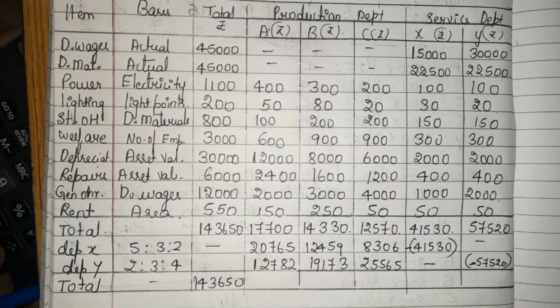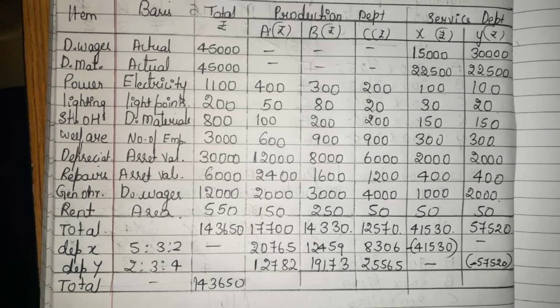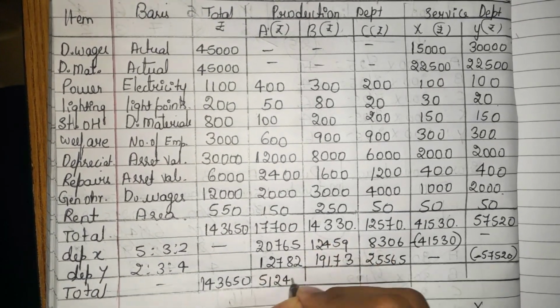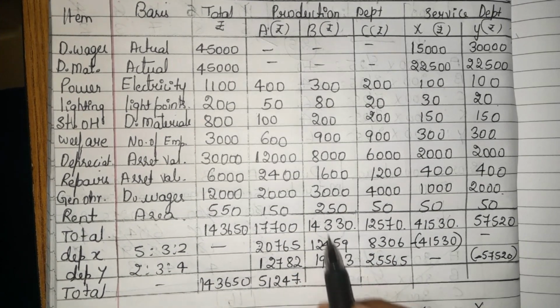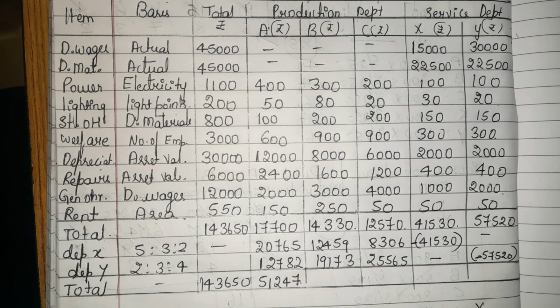Now for 17,700 we need to add 20,765 plus 12,782. It will be 51,247. Now add 14,330 plus 12,459 plus 19,173.